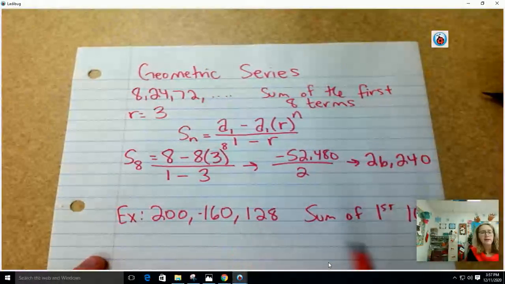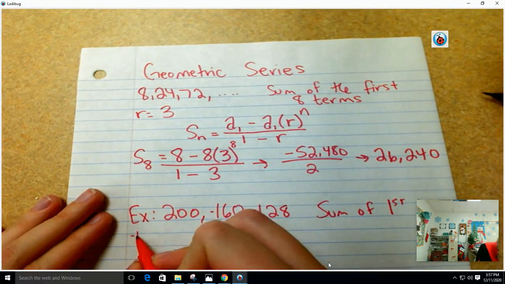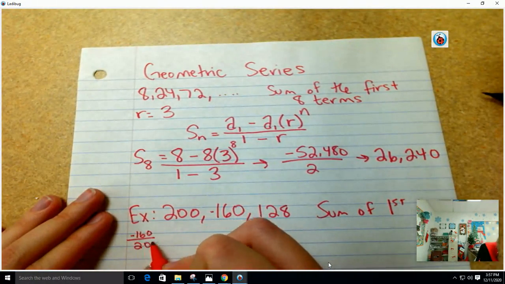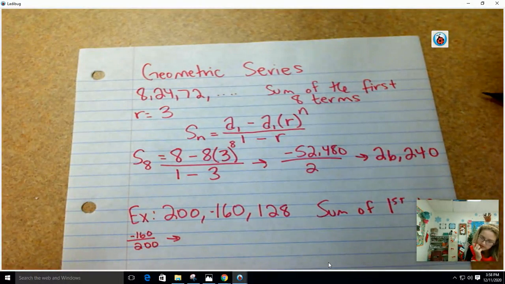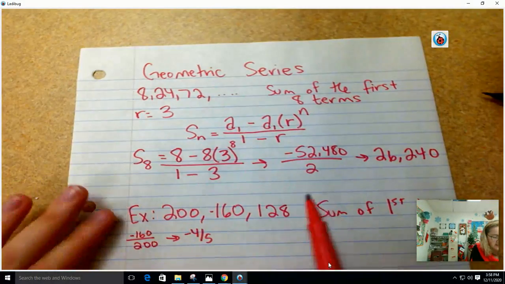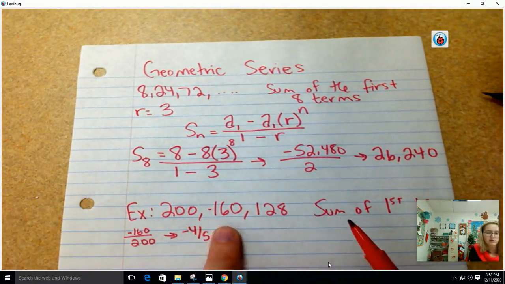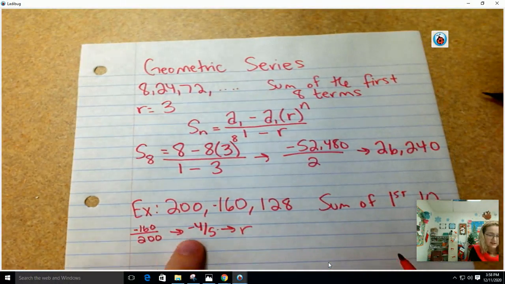I don't really know anything besides the fact that it's going to be negative. So I'm going to have to do negative 160 over 200, and I'm going to simplify that. And I'm going to get negative 4/5. You can check that again with 128 over negative 160, and you're going to get the same thing. So my r is negative 4 over 5.